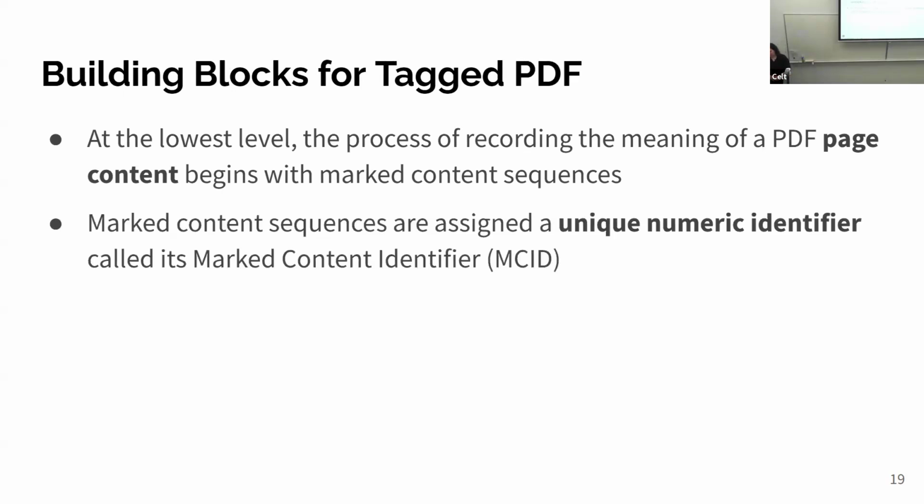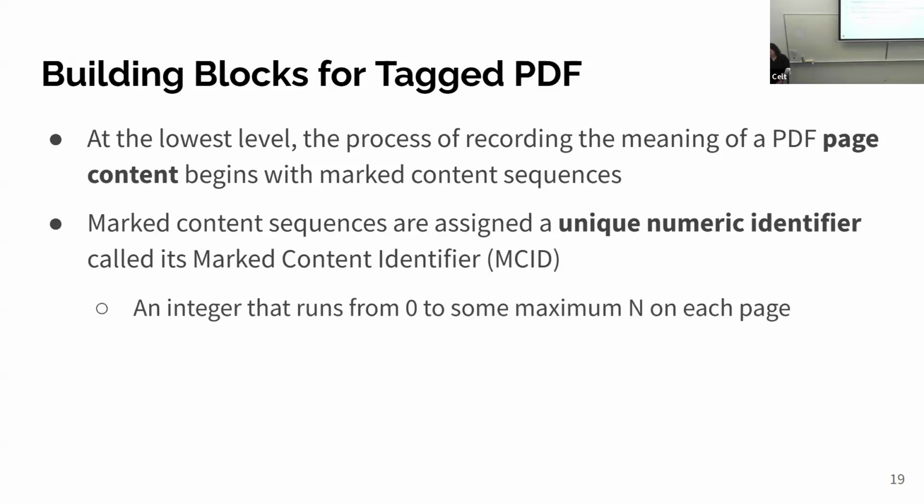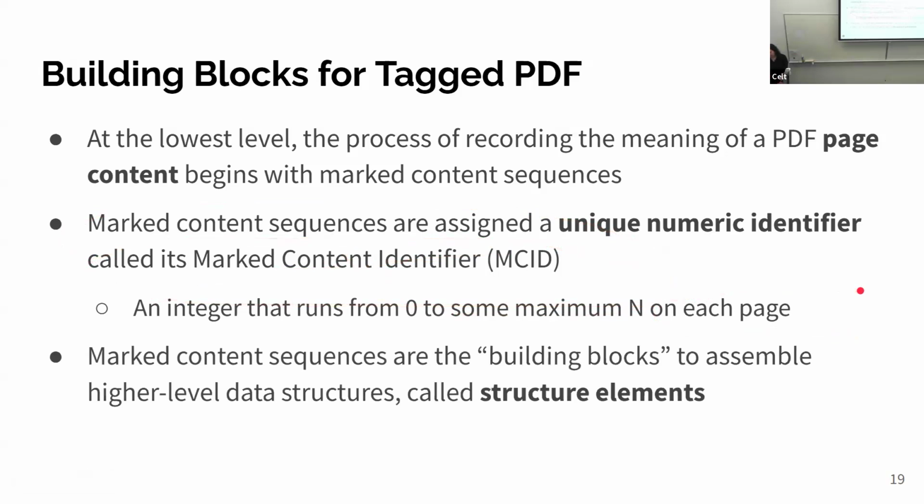Marked content sequences, or MCS, are assigned a unique numeric identifier, called the marked content identifier, or MCID. This is an integer that can run from 0 to some maximum n on each page. So each page has a quantity of marked content identifiers.